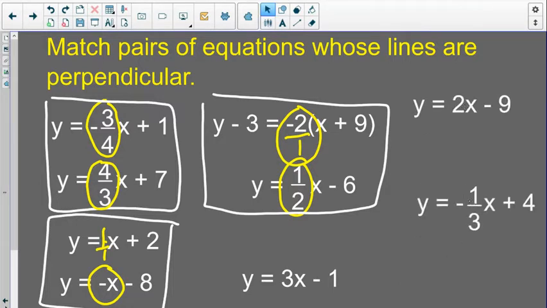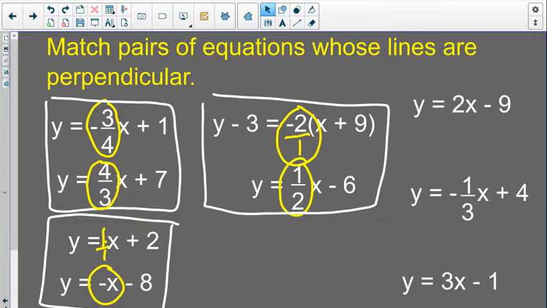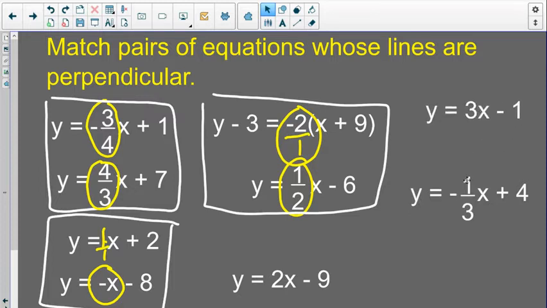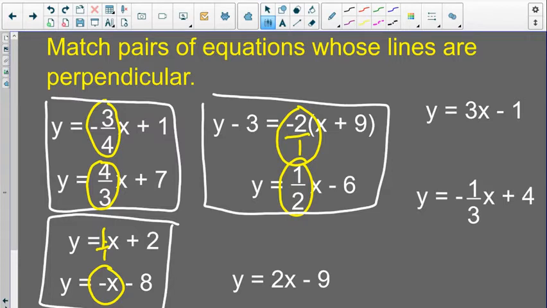All right, anything else? I've got 3 equations left. I think it's safe to say I can eliminate y equals 2x minus 9 because there's no way I can flip a fraction and get a 3 in it. But I wonder if these last 2 equations are actually perpendicular. I want to start with the one that's already a fraction. We have -1/3.